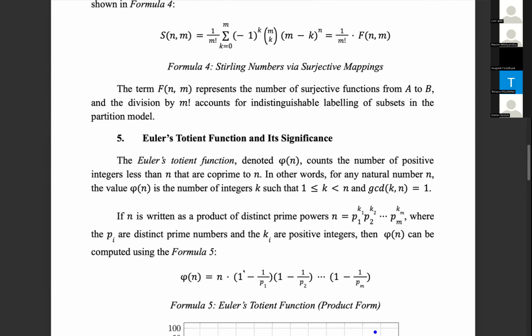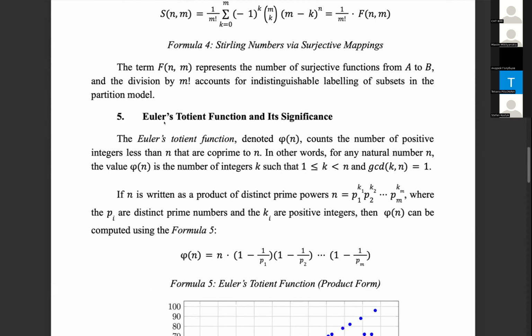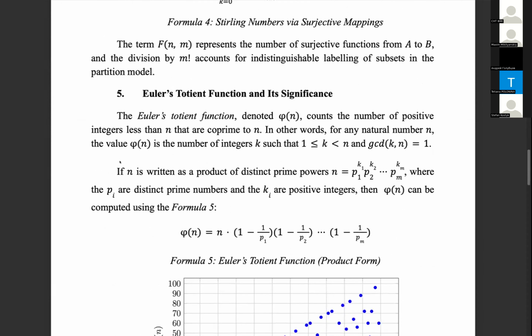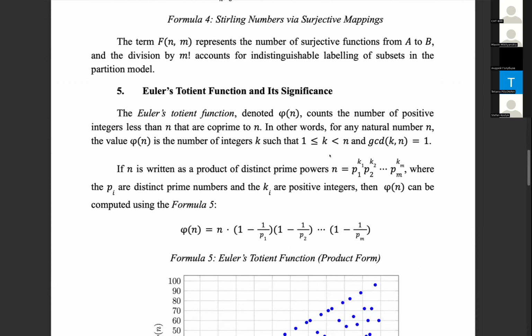Hence, let us now shift from combinatorics to a powerful tool in number theory, Euler's totient function, and its significance. This function counts how many positive integers less than n are coprime to n. It is not only arithmetically elegant, it is structurally profound.